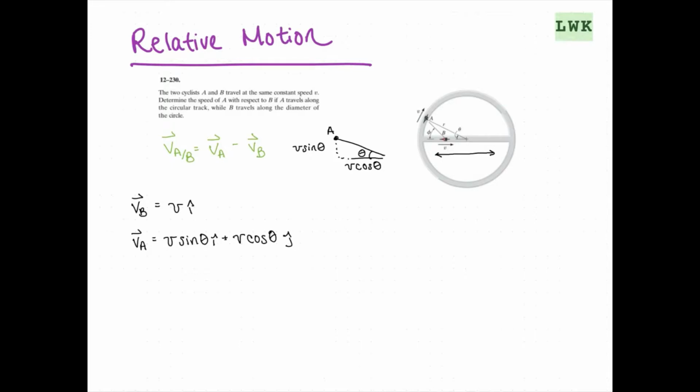So our velocity of A relative to B is going to be equal to this VA minus VB. So V sine of theta I plus V cosine of theta J minus V I. So just doing some algebra, grouping that together, is going to be equal to this expression here.